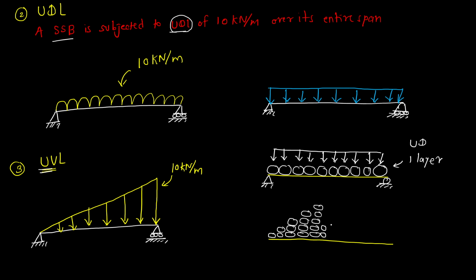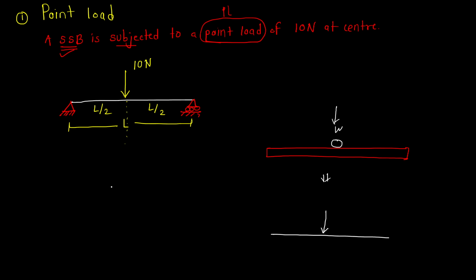As you can see, the distribution of bags is increasing. That means the weight of these bags keeps on increasing from left to right. This distribution is given by the UVL. So this is UDL, this is UVL, and if the load is acting at the center, then it is called a point load. Now all three we have seen.